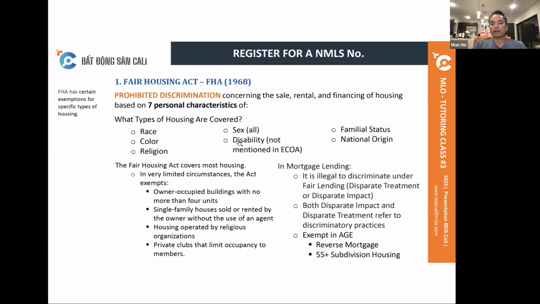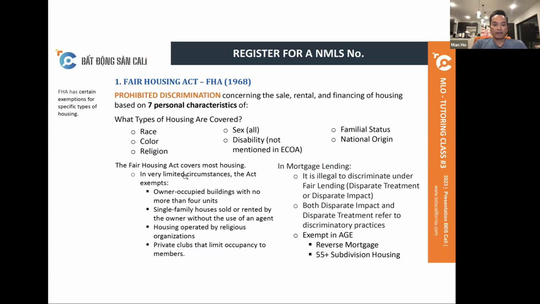But ECOA doesn't include disability in its act, but the FHA does. ECOA is the Equal Credit Opportunity Act, and that act doesn't mention protecting disability. It doesn't say it doesn't protect, it just doesn't mention it.